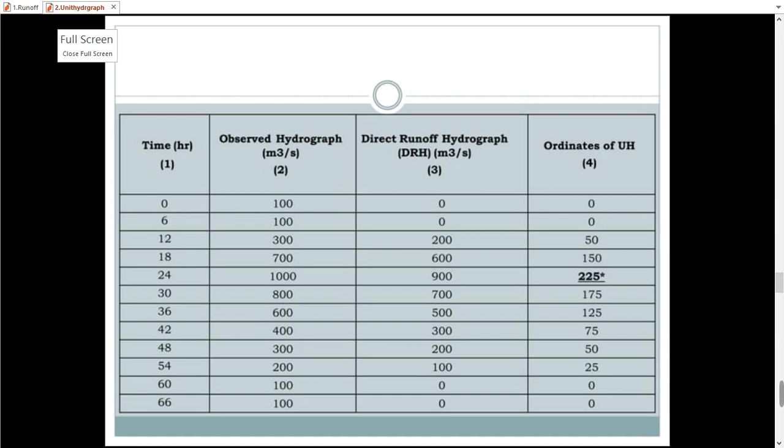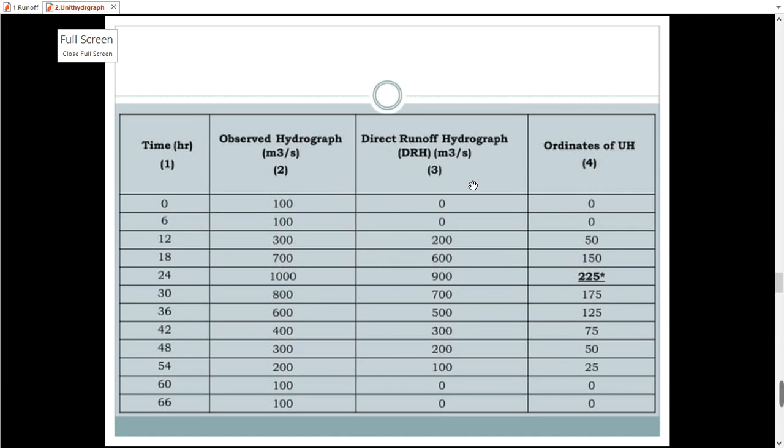Okay, ordinates of UH. Observed hydrograph, base 100 meter cube per second.